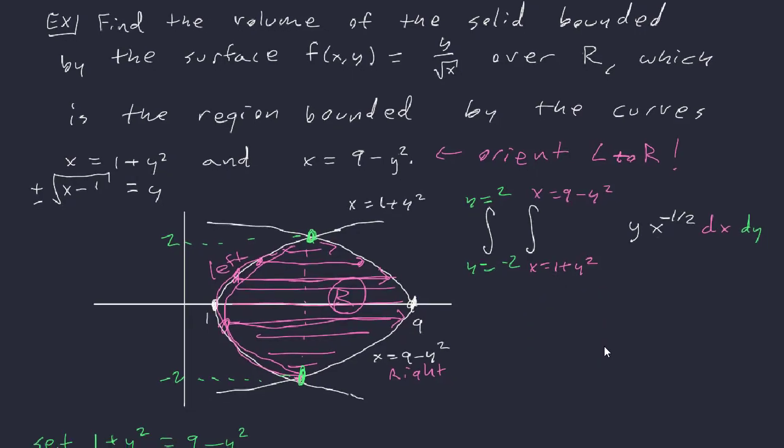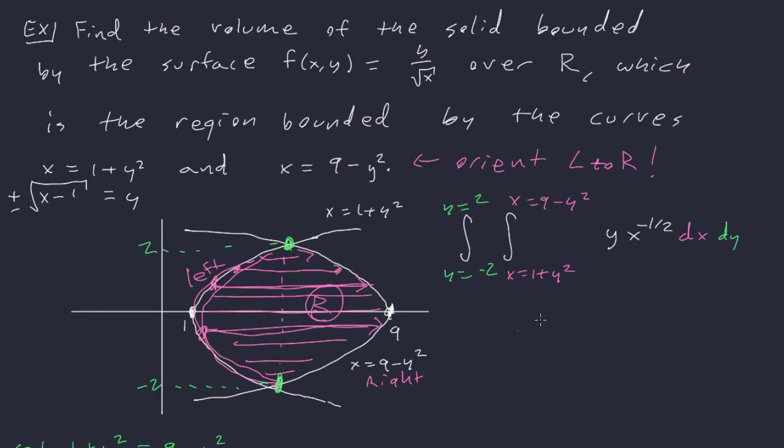Now, we're just going to integrate this. Okay, so I'll leave the outside guy alone, and now I'll just integrate this in terms of x. And so we're going to get x to the 1/2 divided by 1/2, which ends up being multiplying by 2. And we are going to evaluate this from x equals 1 plus y squared to x equals 9 minus y squared.